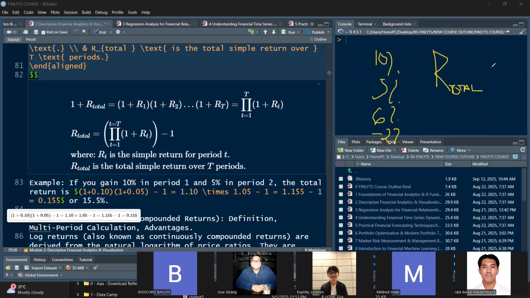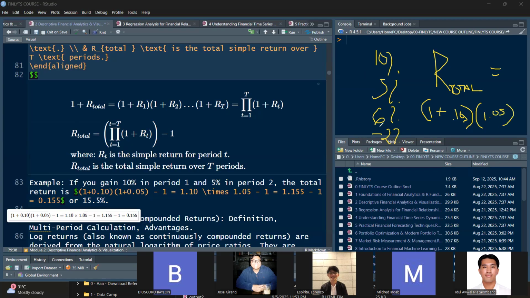So our R total will be equal to, okay, multiplicative class, 1 plus return 1, 1 plus 10%, then 1 plus 5%, that's 1.05, right?